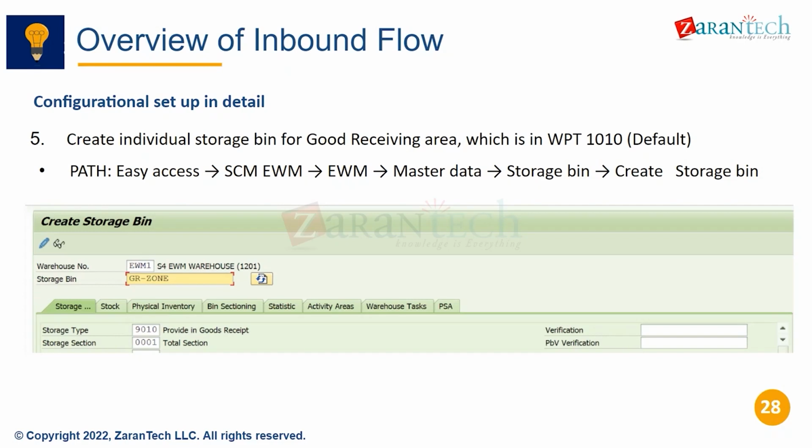It is not where you are going to store the stock permanently; it is a temporary or intermediate area where you put your stock temporarily. So for that we have to define the storage type for that area, and one bin has to be created for that storage type area. In this bin you will receive the stock, and from this bin you'll move the stock out to the final bin. So these are the settings in SAP to create the storage bin.